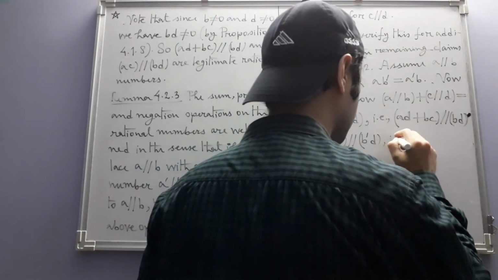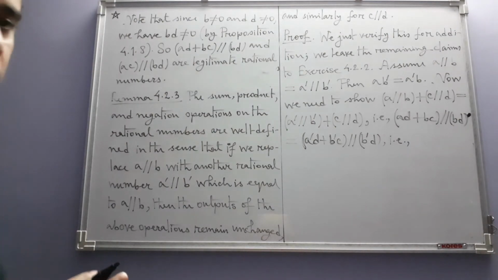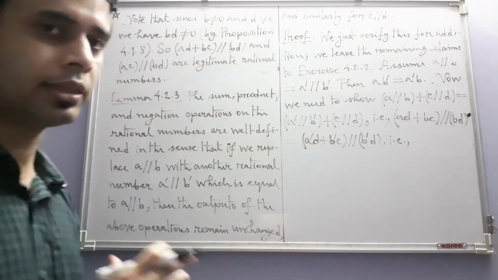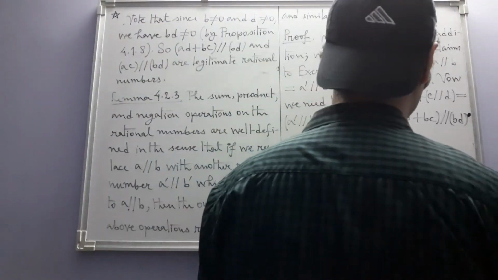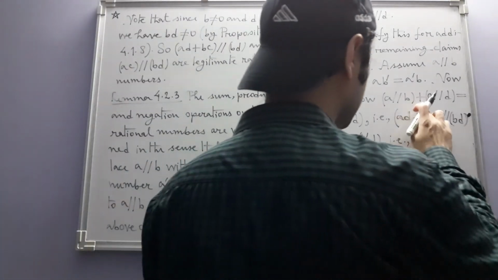That is, we are simplifying the things, reducing them, applying all the definitions, and we want to get to the actual thing that we have to show. Now you apply the definition of equality. So this is equivalent to this.